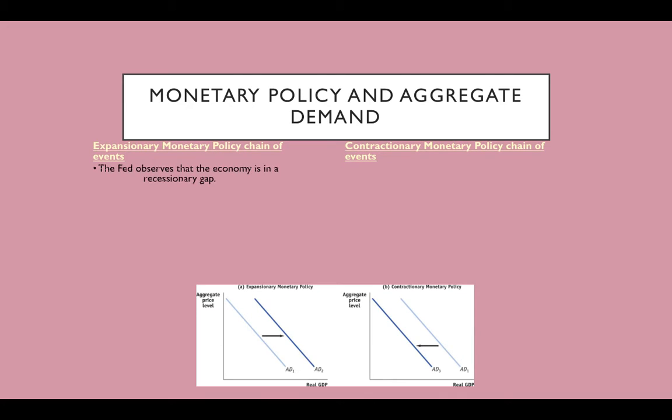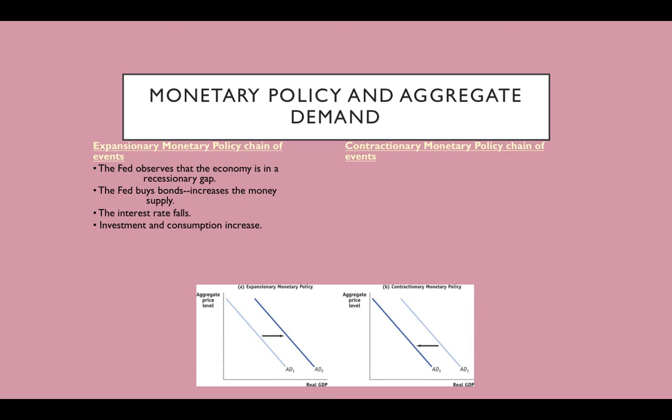So, expansionary monetary policy. The Fed sees a recessionary gap. They want to close the recessionary gap, so they want to increase the money supply. They can buy bonds, they can lower the discount rate, they can lower the reserve requirement. Again, buying bonds is the most common. When they increase the money supply, the interest rate falls.